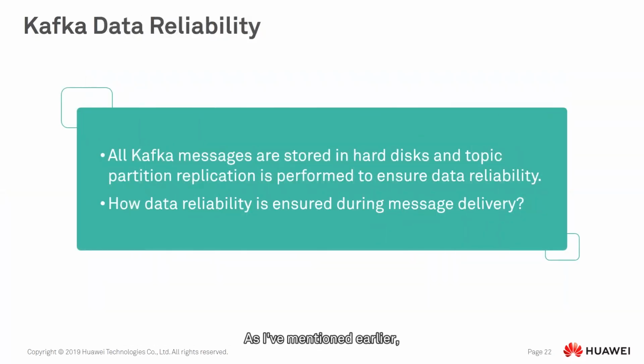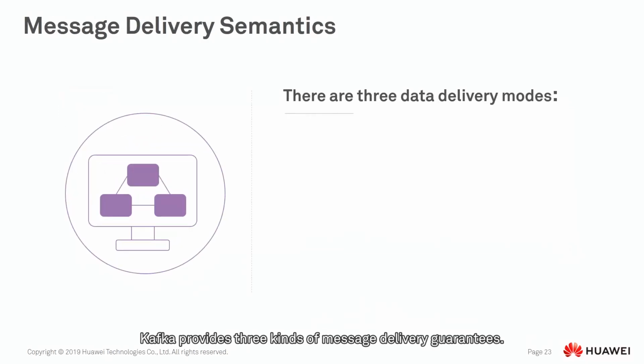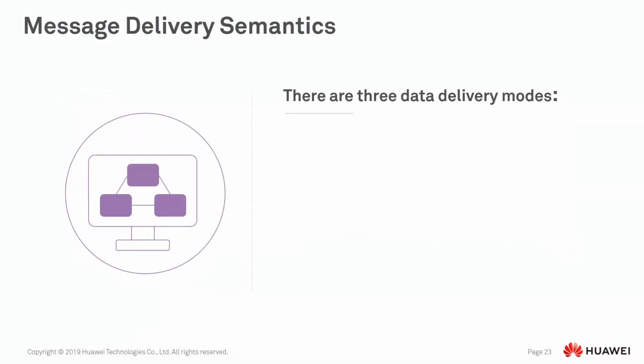As I've mentioned earlier, all messages in Kafka will be persisted to disks and are backed up to prevent data loss. But how to guarantee the reliability during message delivery from producer to consumer? Kafka provides three kinds of message delivery guarantees.